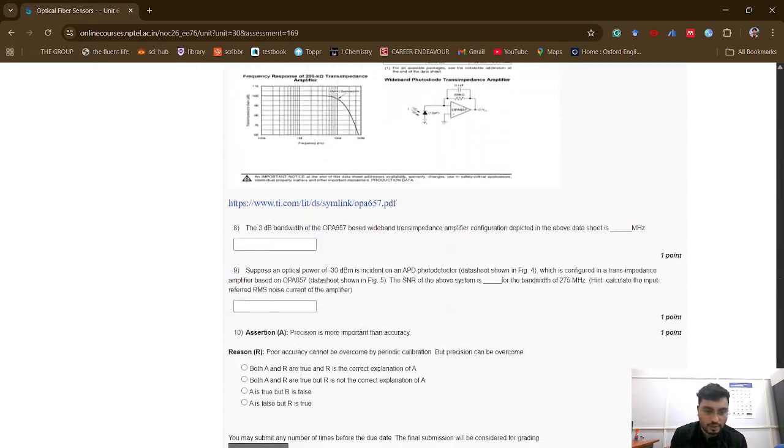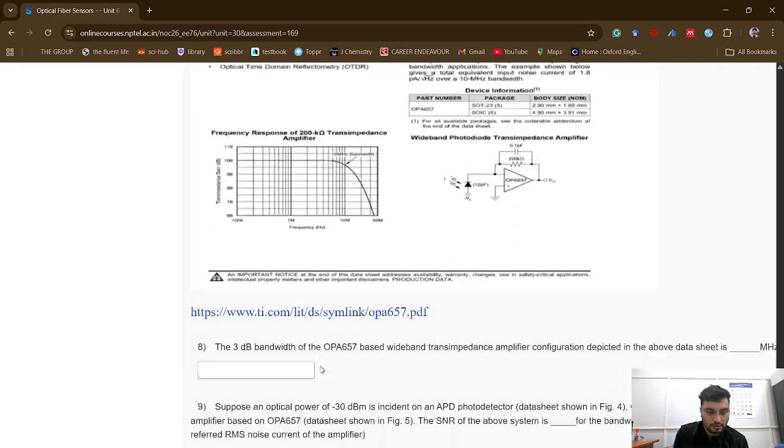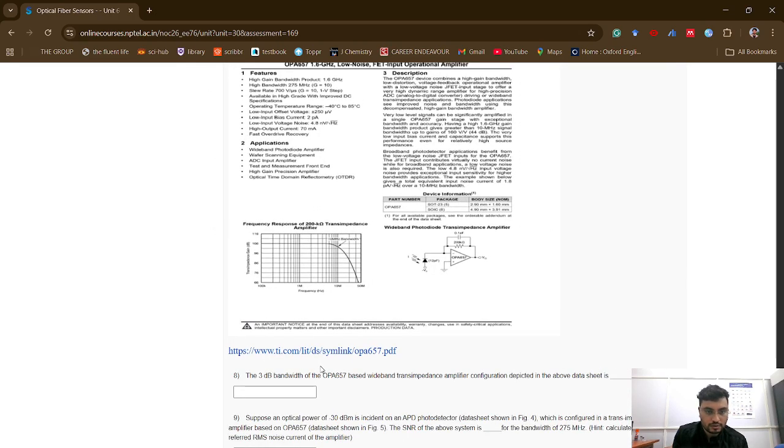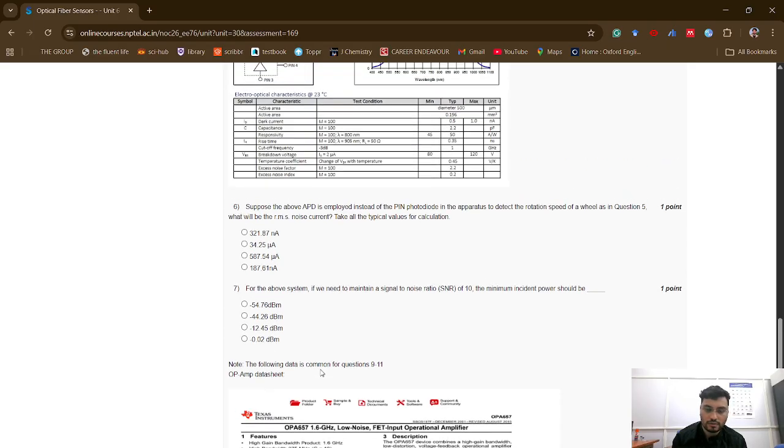Question number 7 you are saying. What problem do you have in this? For the above system we need to maintain a signal to noise ratio of 10. The minimum incident power should be. So you can reverse calculate the power. What's the problem in this?